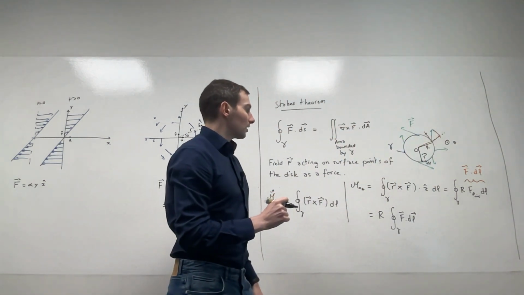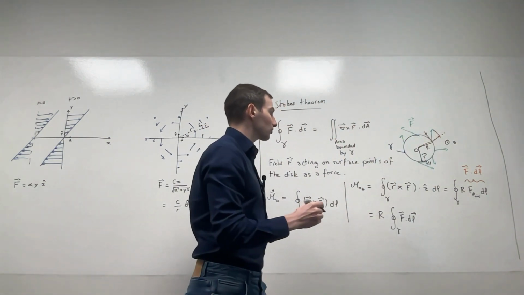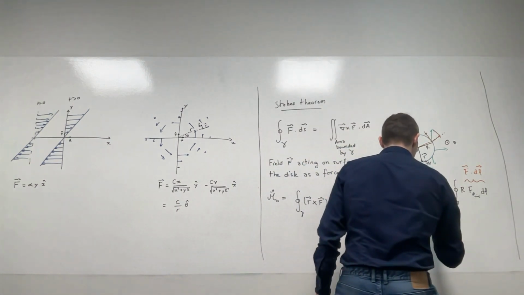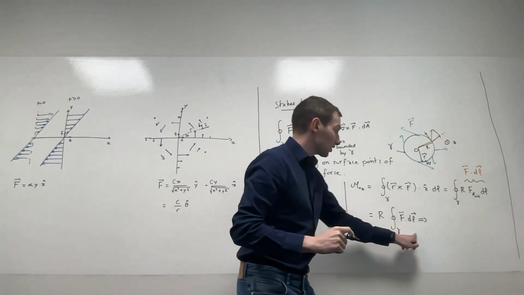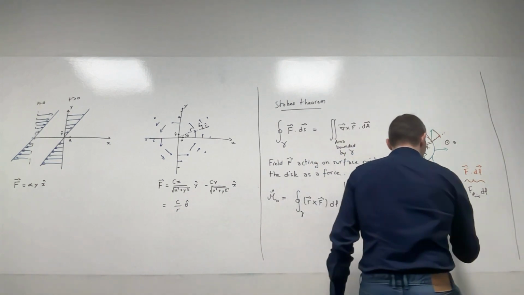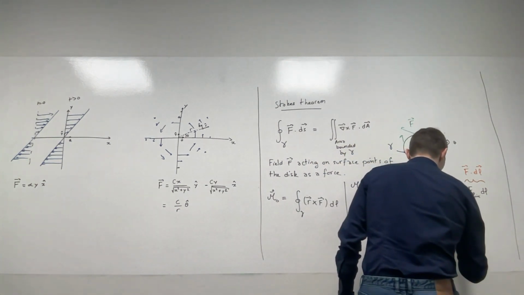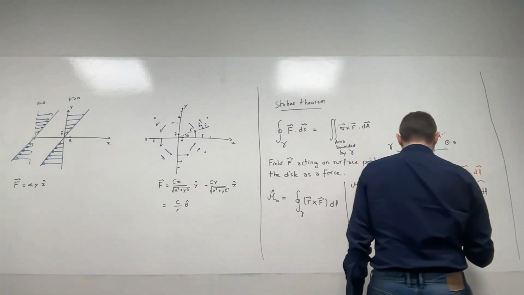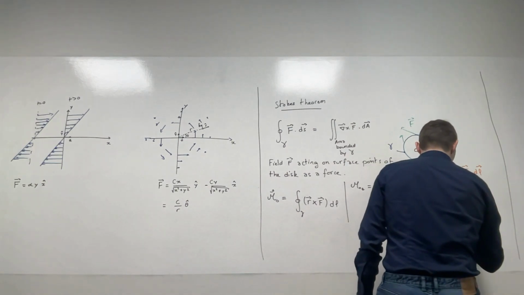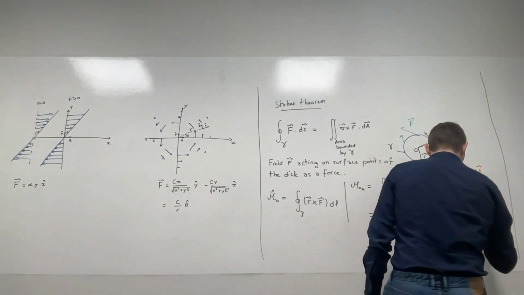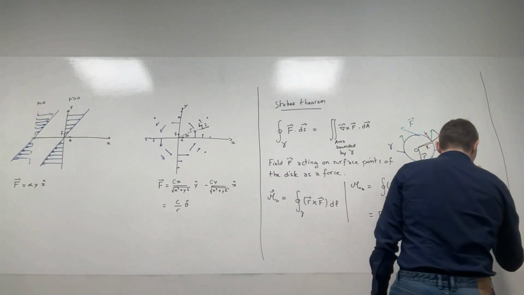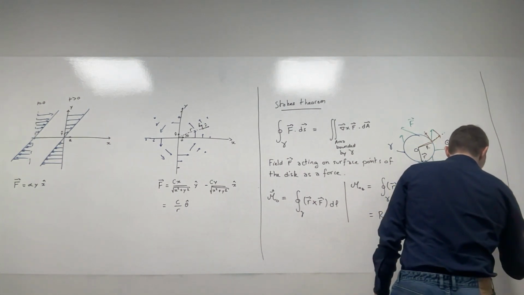So in the end, I can get the following interpretation of the circulation of f: the circulation of f along a circular contour is equal to the moment divided by r.